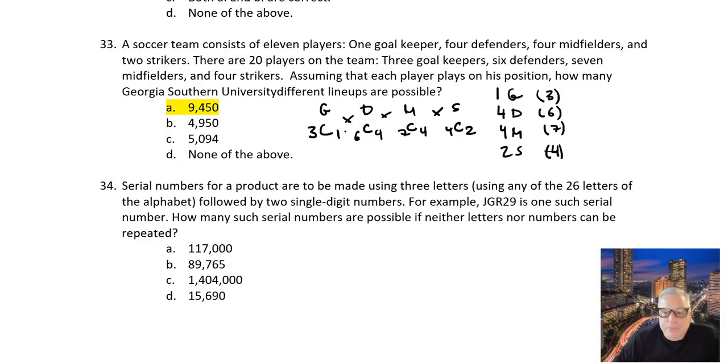Okay. So that is concerned with permutation. The first is we have to choose 3 different letters from 26.